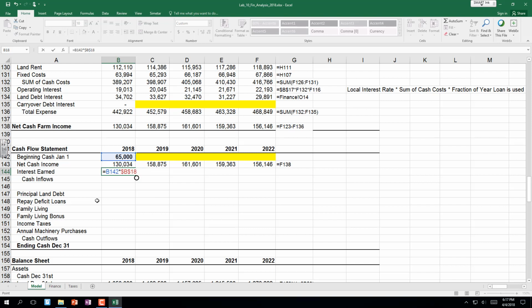So it's the beginning cash that you have times $B$18. We'll drag that across. And then we need the sum of cash inflows, equals sum of those three values. If you have other income from other sources, you could put that in here as well.